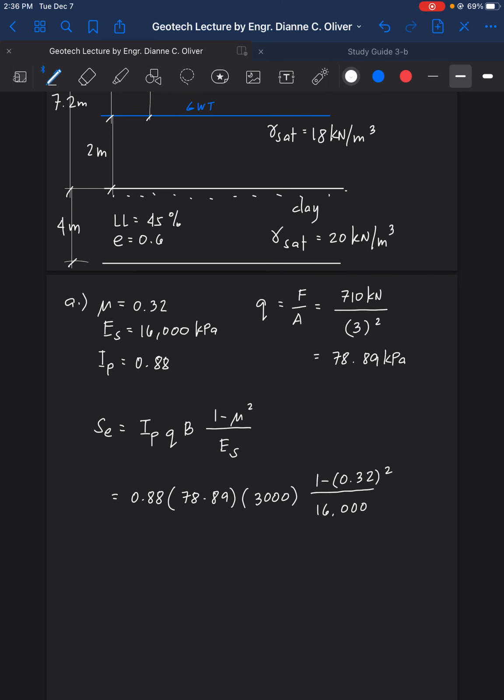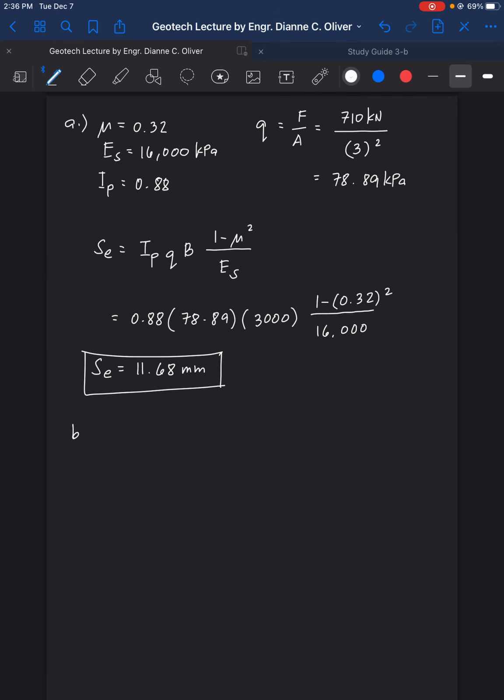There we go. So our S sub E is equal to 11.68 millimeters. That's for letter A. Let's go to letter B.